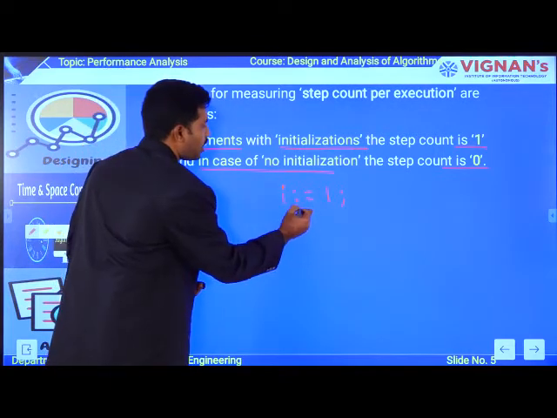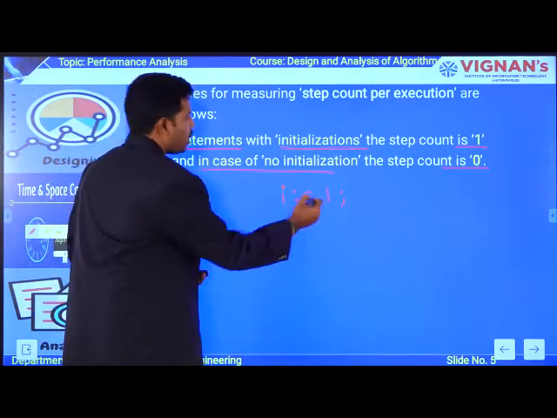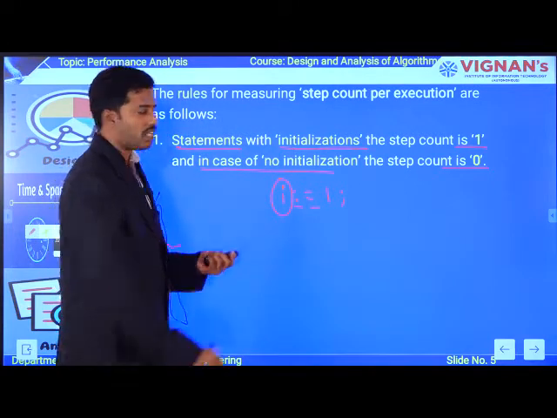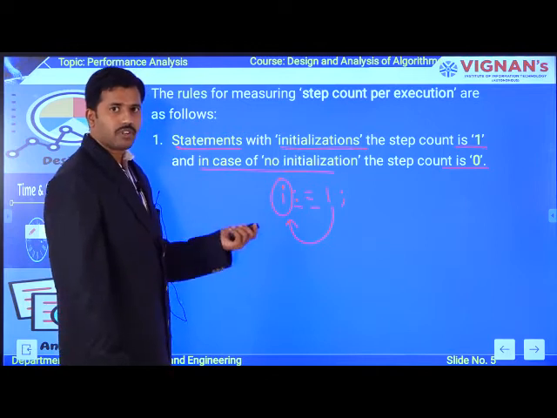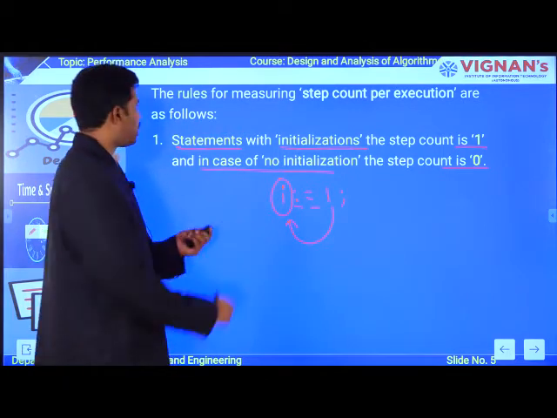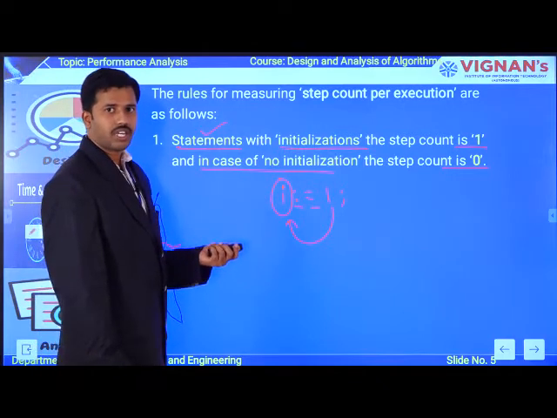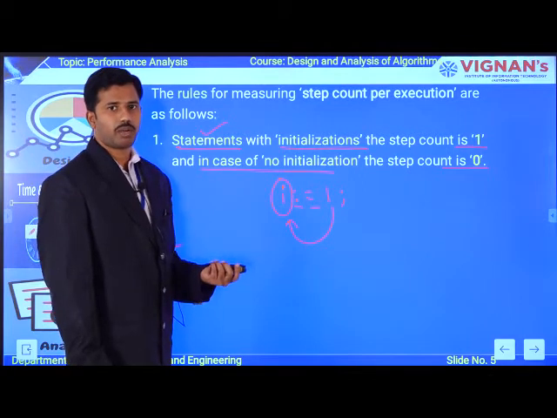Because the colon is available as well as the assignment equal operator. So is this variable I initialized or not? Initialized, right? You are initializing the value 1 to the variable I. So if initialization is available in the assignment statement, then the value is 1. If it is only a declaration, you do not consider it, because the value becomes 0.